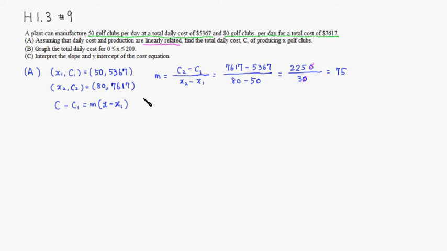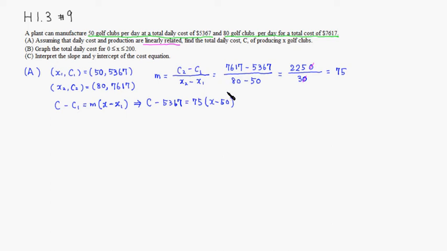So c minus 5,367 equals the slope we just found, 75, times the quantity x minus 50.